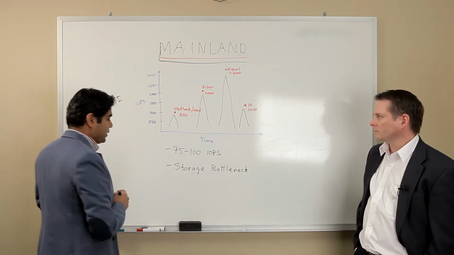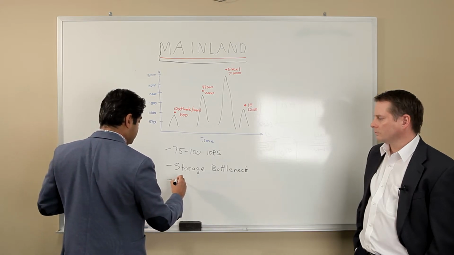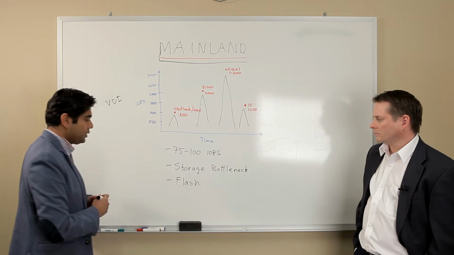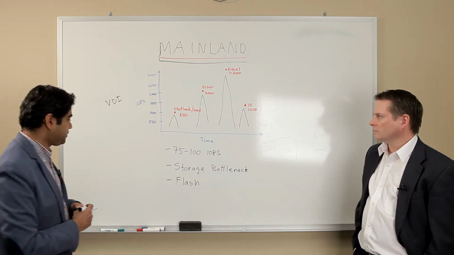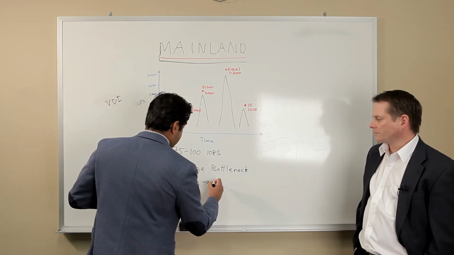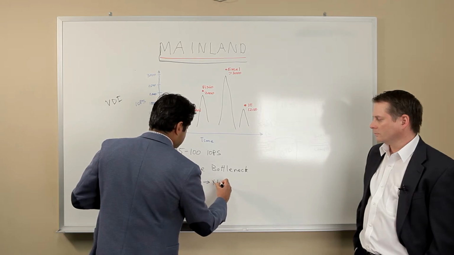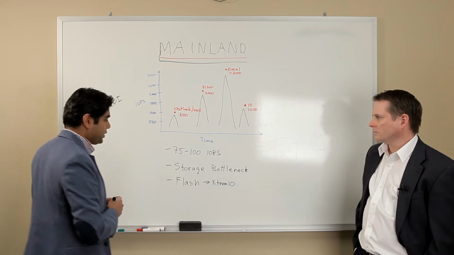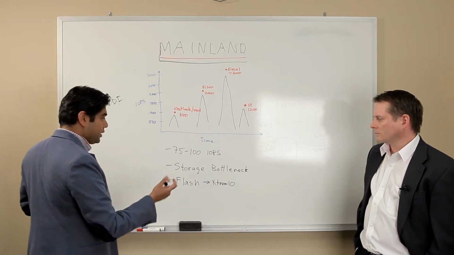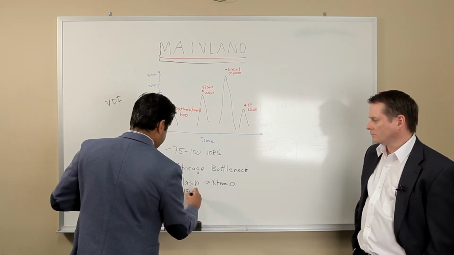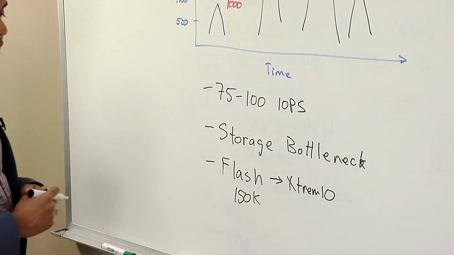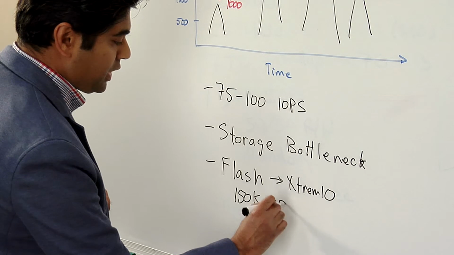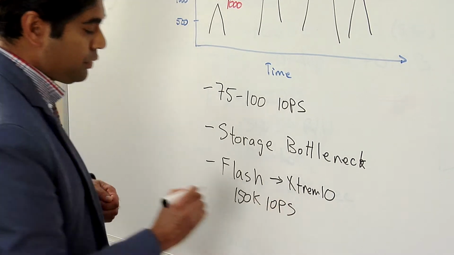As a result, the industry has adopted flash as the solution to that problem. And in this case, what we're going to be talking about is XtremIO specifically as the answer to that problem. As we stated earlier, XtremIO can provide about 150,000 IOs per second, given a mixed read-write workload, 50-50 read-write distribution.